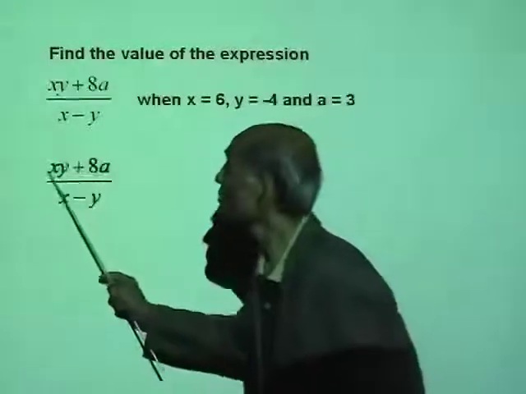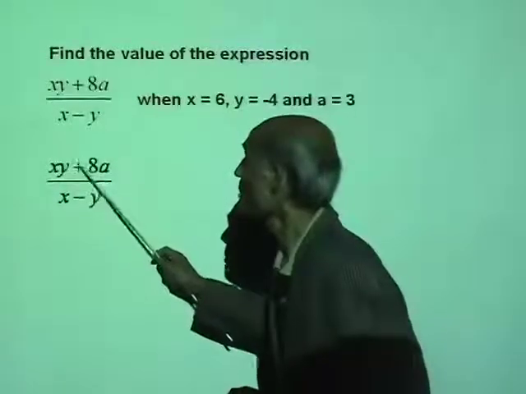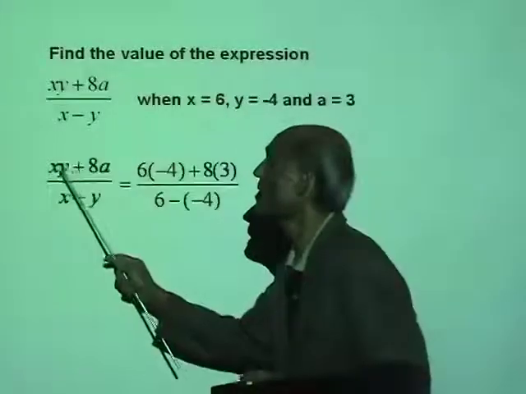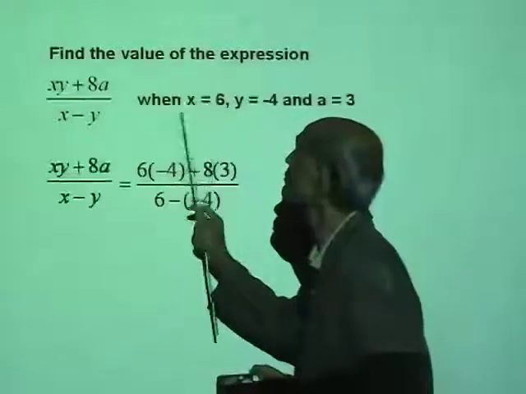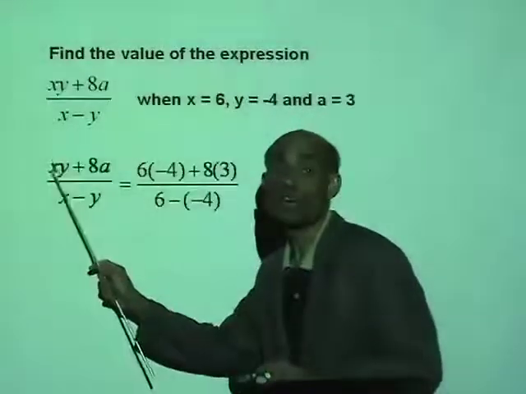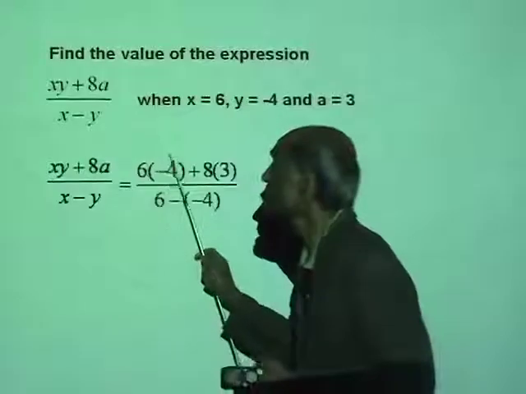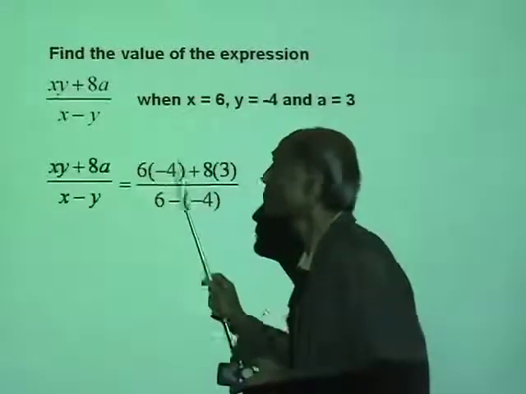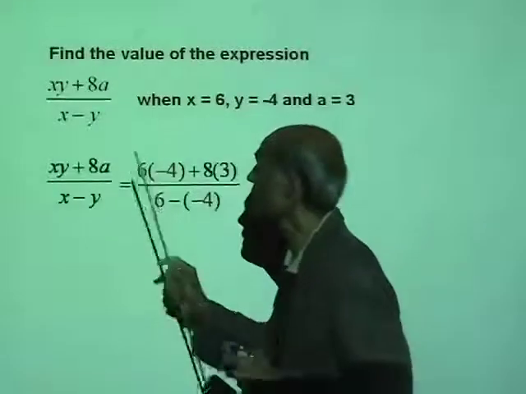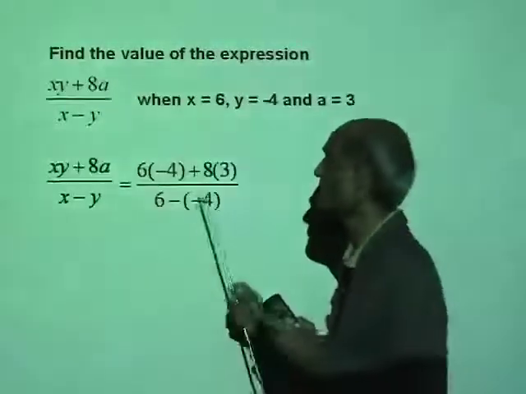Replace each variable by its value. xy plus 8a over x minus y. X equals 6, y equals negative 4. So x times y becomes 6 times negative 4. Look at the way it has to be put in a parenthesis. You don't have to put 6 in a parenthesis, but negative 4 has to be in a parenthesis.